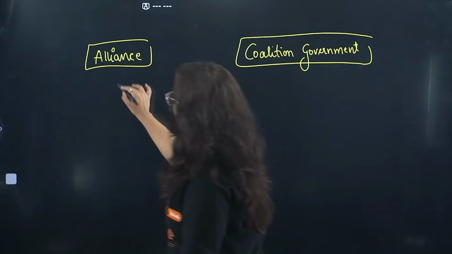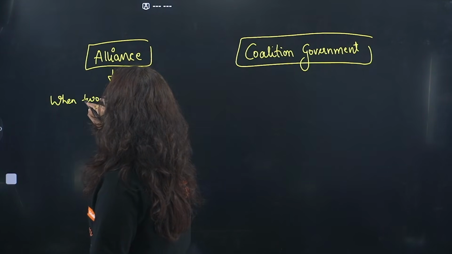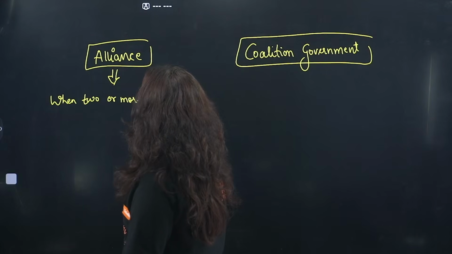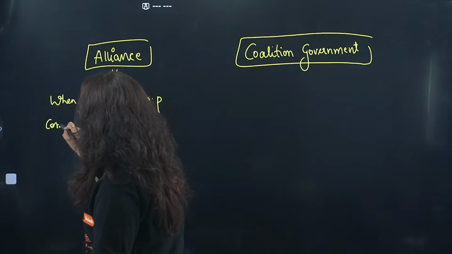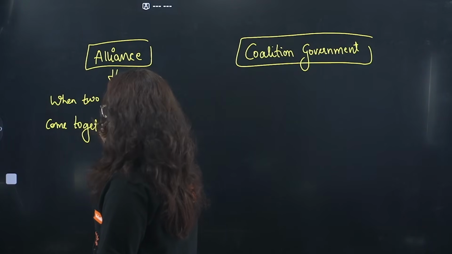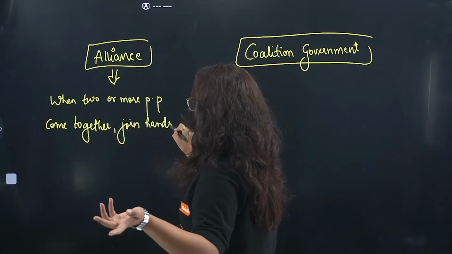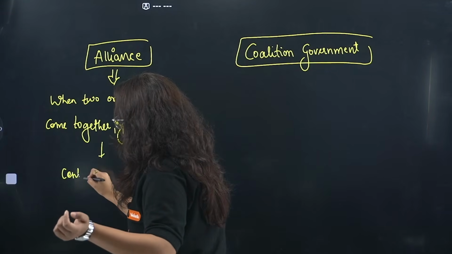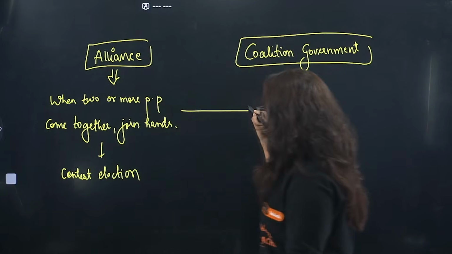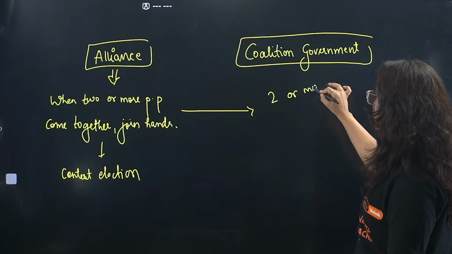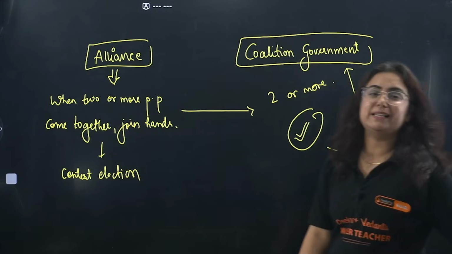See, when 2 or more political parties come together and join hands, they join hands to contest the elections together. If these 2 or more political parties who contested the elections win, the form of government will be a coalition government.